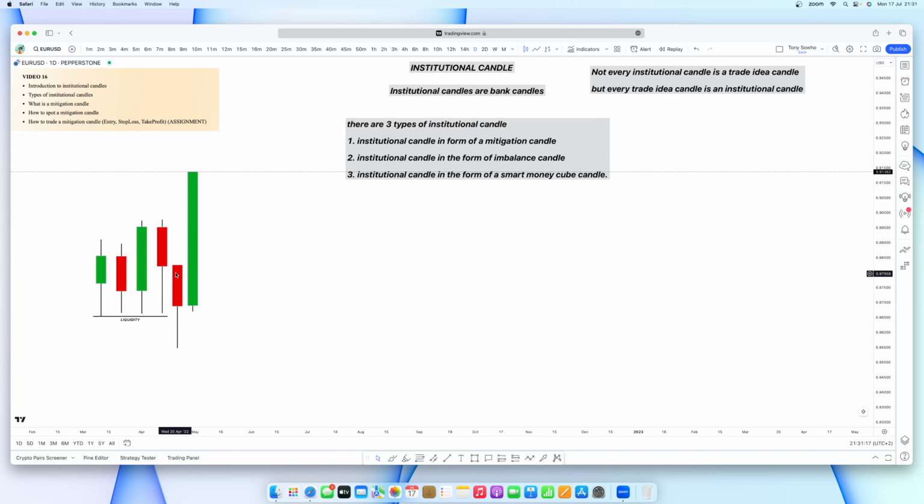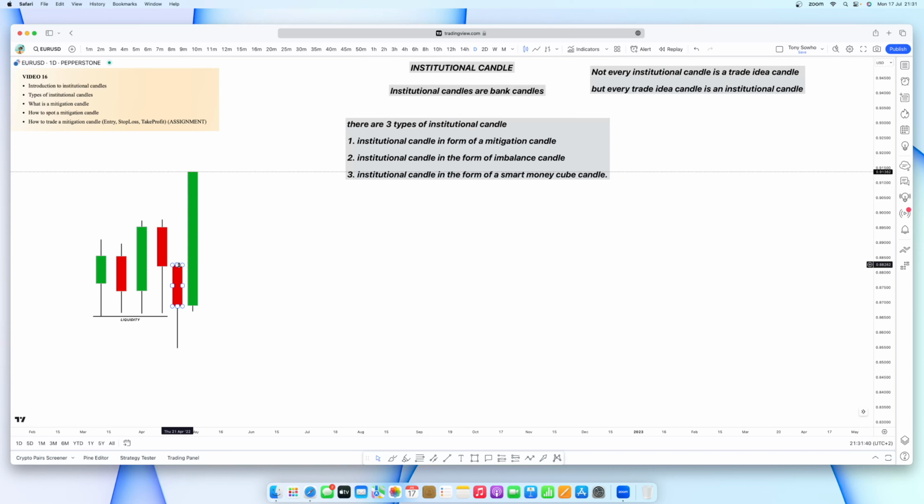Because like I said, somebody sold this down to run this liquidity. And then price rejected, and we saw a big price direction to the upside. So if that happens, definitely whoever sold this is most likely in drawdown. That's the way I learned it, right?